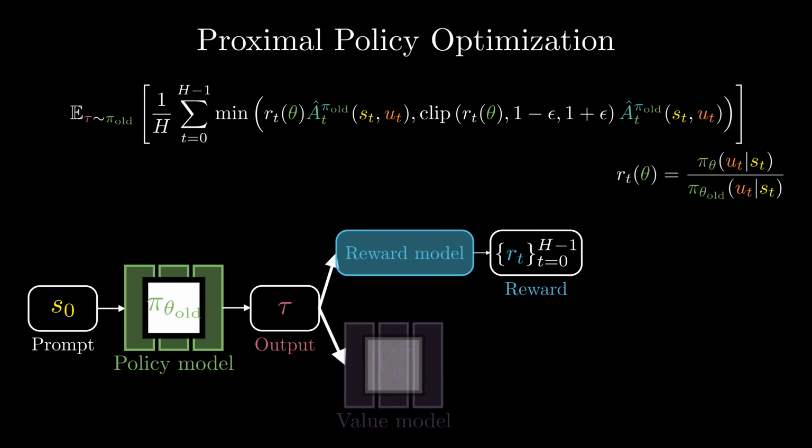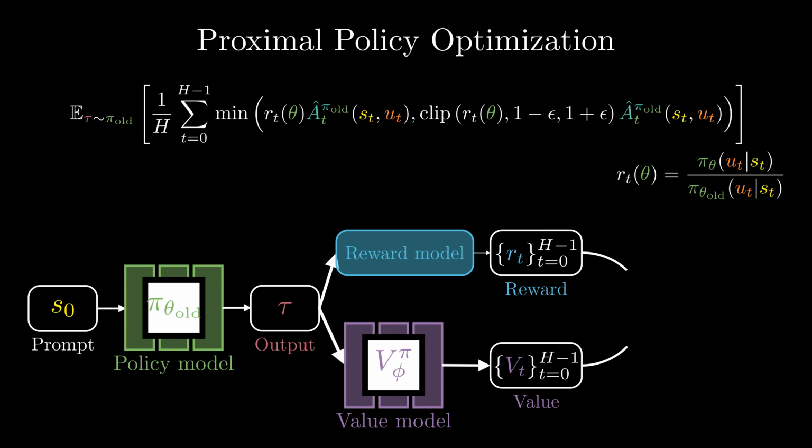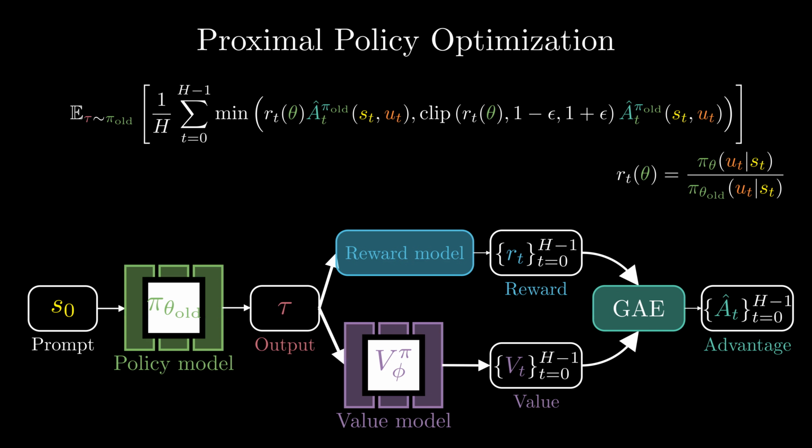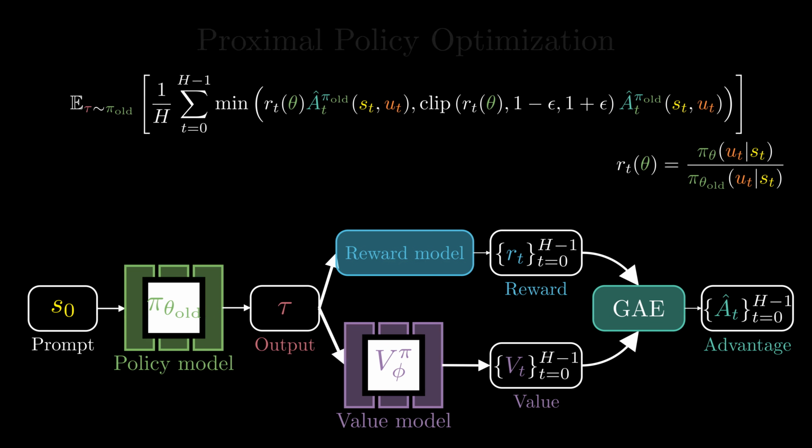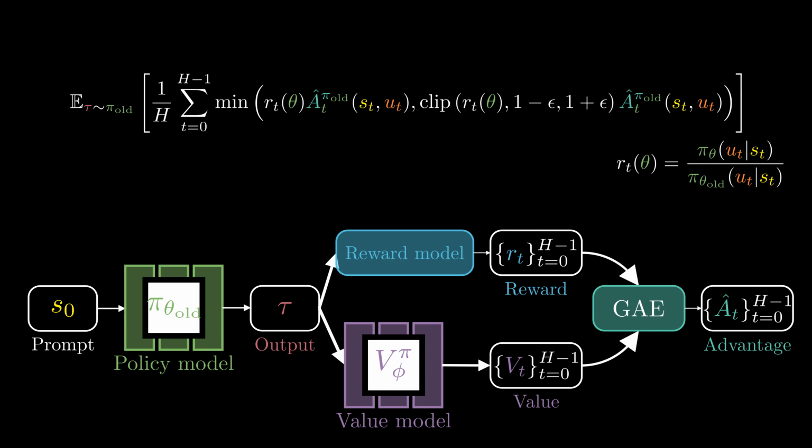At the same time, a value function predicts the expected reward from each time step. By combining the observed rewards with the value estimate, we compute the advantage at each time step using Generalized Advantage Estimation. But besides training the policy network, we also need to train this value function network concurrently. This effectively doubles our memory and computational requirements.